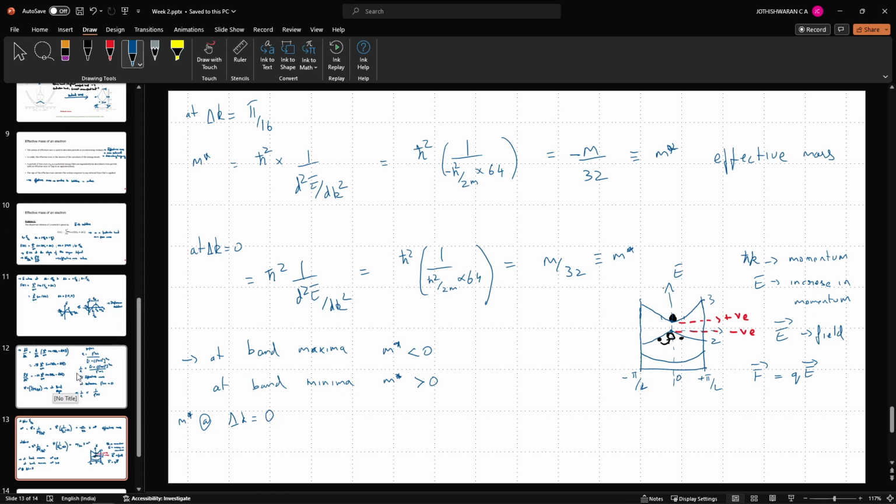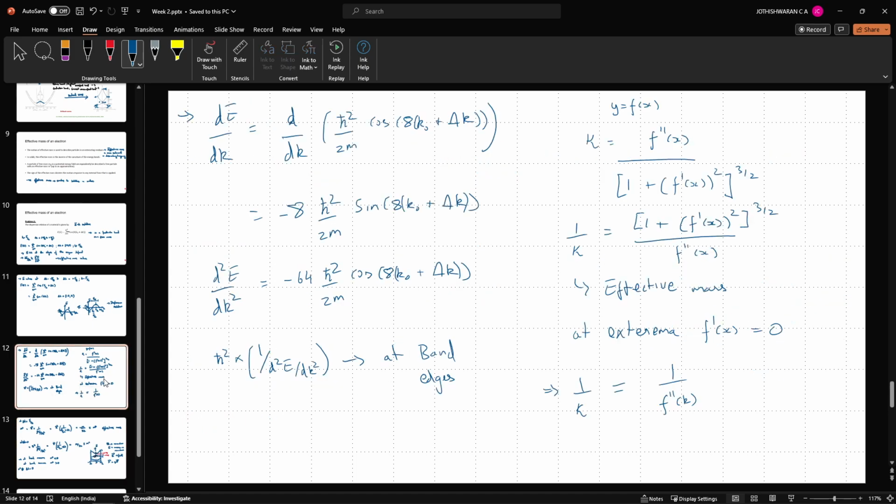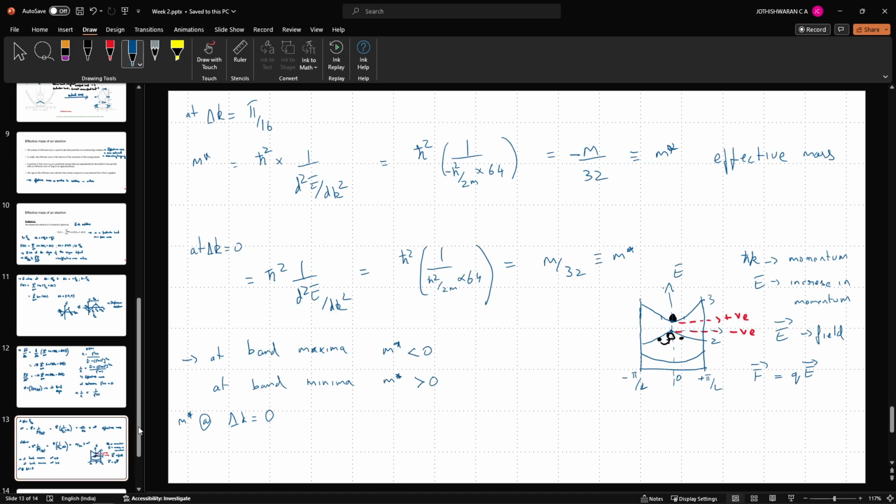Going back to our second derivative expression, if delta K is 0, then what I'm left with is 8 times K naught, which is 8 times pi by 16, which is 0. Technically speaking, this quantity at delta K equal to 0 for our particular case will be minus infinity.